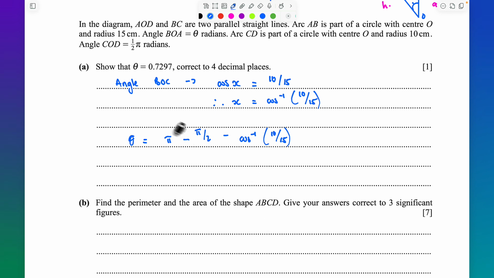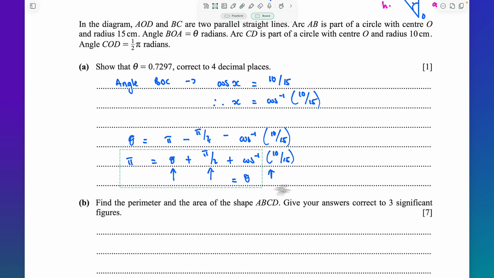Or you could have written it like this: if I add up theta, pi over 2 and arc cos 10 over 15, I should get pi, which is 180. So to find theta, I take the other ones to the other side, which gives theta equal to pi minus this one and then minus this one as well, right? In case it's confusing, that's basically what we did.